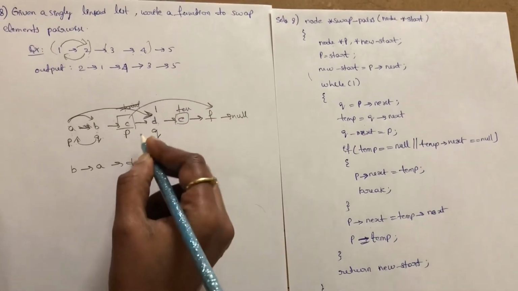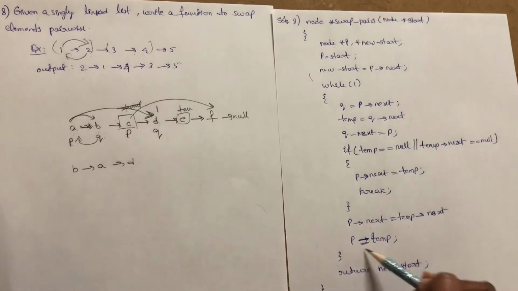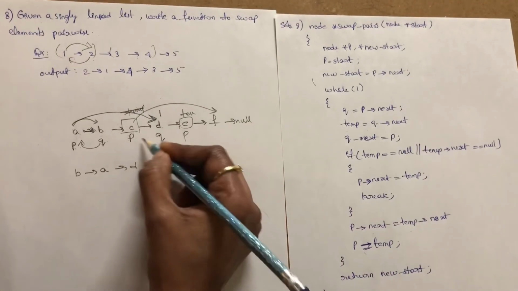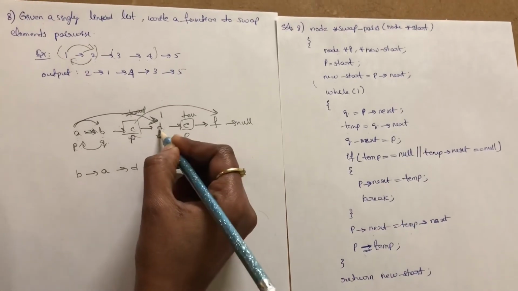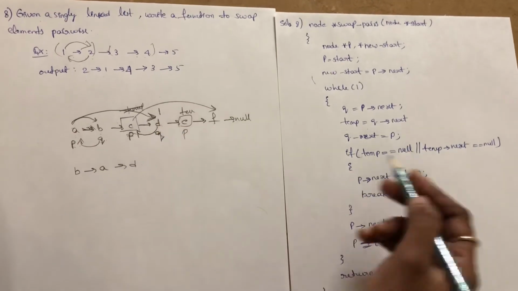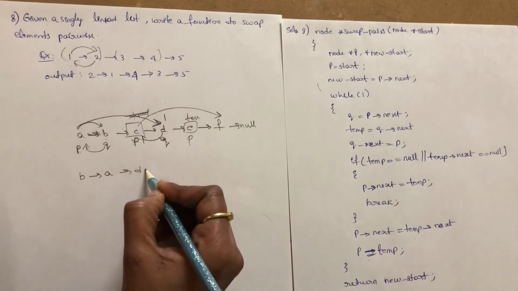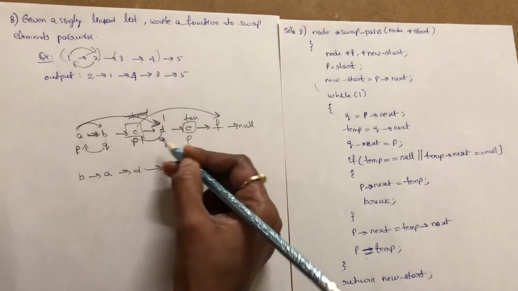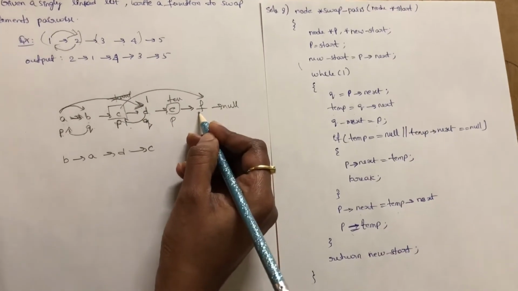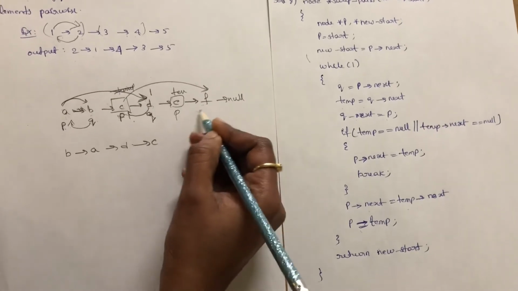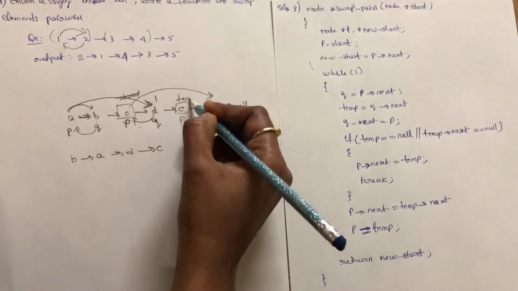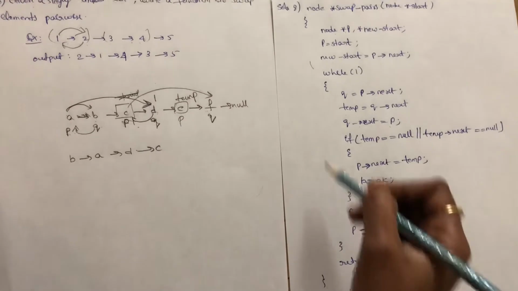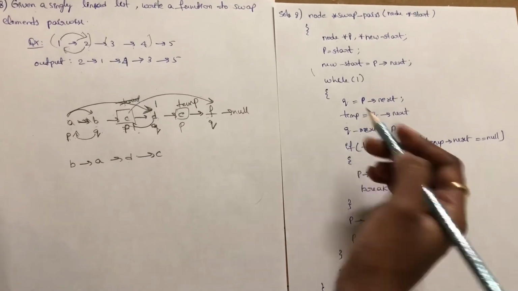Then p is equal to temp. Now p comes here. By this, q next is equal to p, then q is p next, nothing but f. Now p is here, q is here, and the temporary variable is here.